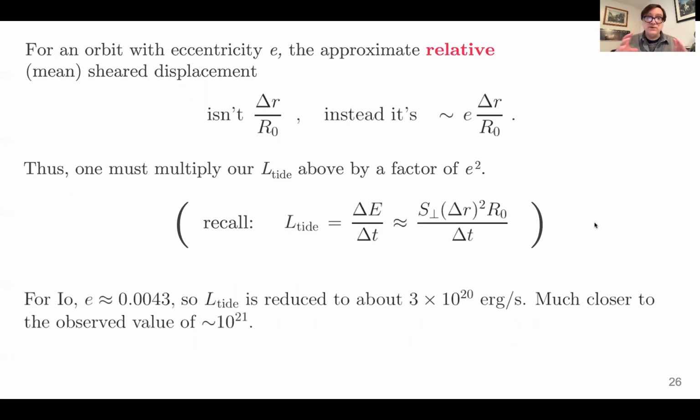So if you have an orbit with eccentricity e, the mean displacement averaged over the orbit that you need to input into these equations isn't just the tidal bulge divided by the size of the moon, but the eccentricity times the tidal bulge over the size of the moon. It's a smaller factor, and for Io you see the eccentricity is 0.0043.